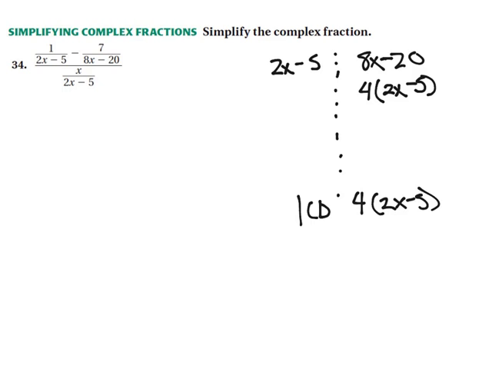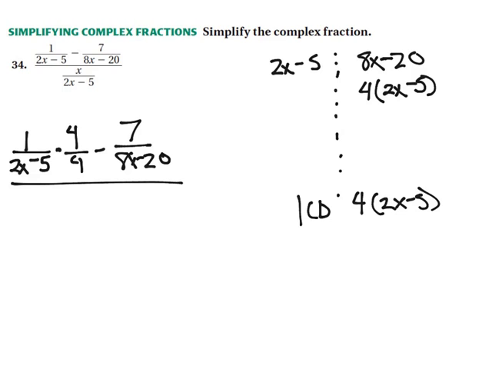So I'm going to multiply both top and bottom on this one by 4. So 2x minus 5, and multiply both top and bottom by 4. Minus 7. And that one doesn't need anything. You're right about that, Jennifer.